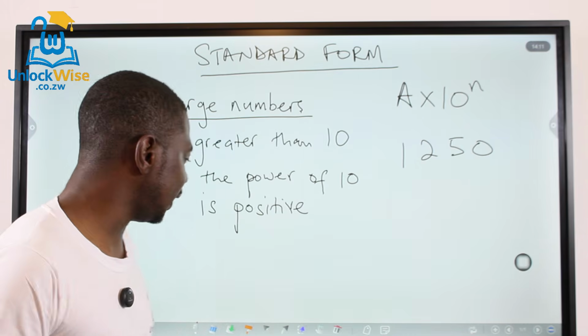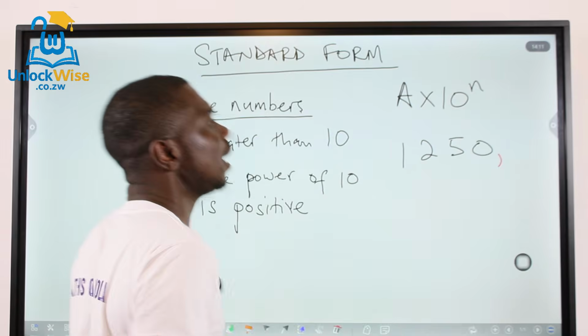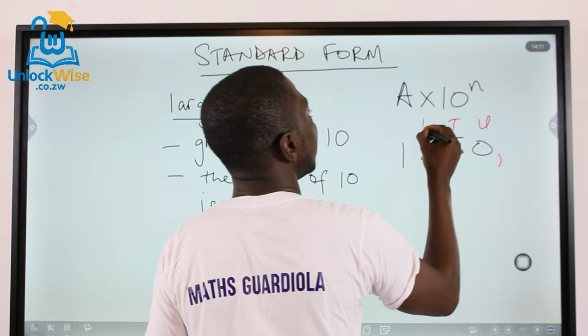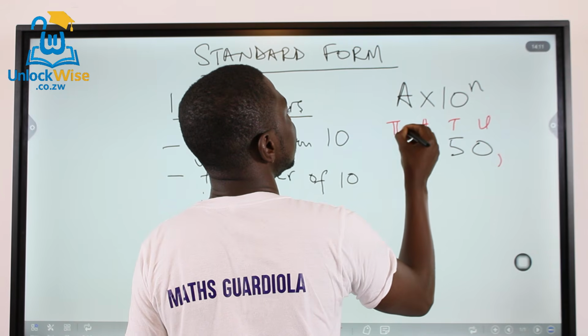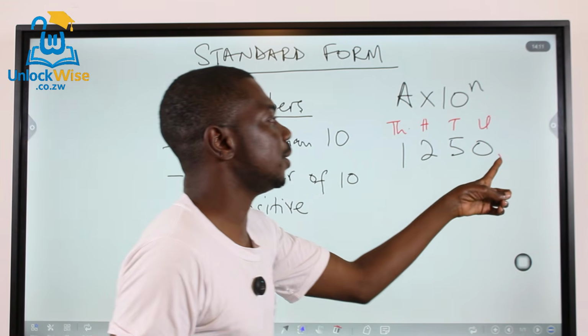So, initially, our comma is supposed to be here after the unit digit, right? Because these are tens, these are hundreds, these are thousands. So, our comma initially is here.